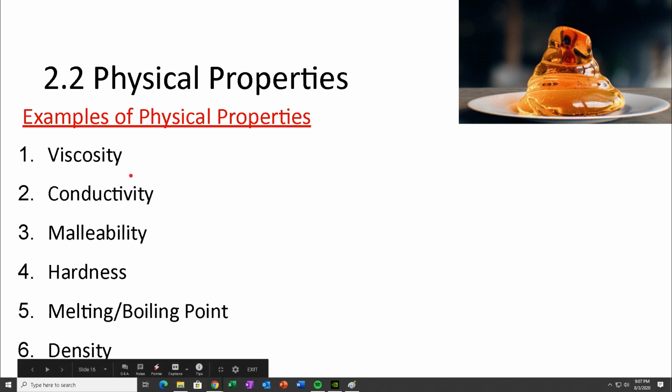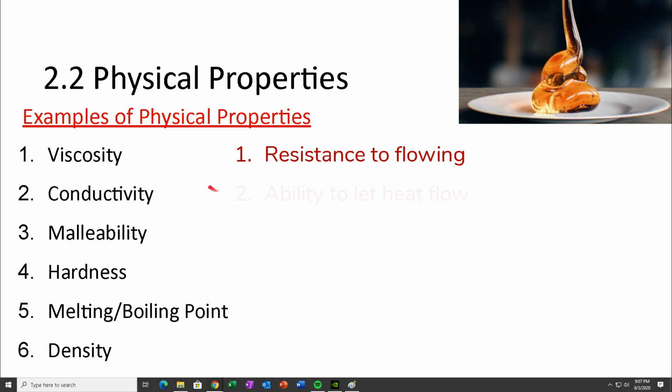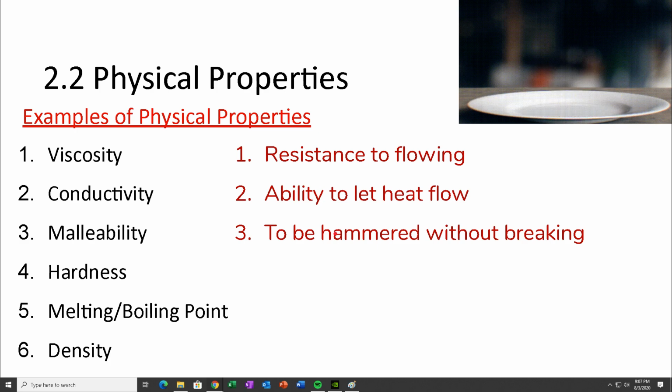Let's go into detail on the vocabulary words of each of these. Viscosity just means the resistance to flowing. Conductivity is the ability to let heat flow. That can also be substituted for electricity. Malleability is being hammered without breaking, which is what gives gold such huge value, that it's able to conduct electricity fairly well while being hammered without breaking.